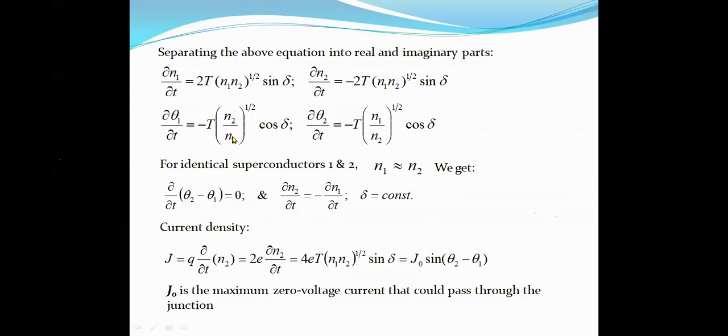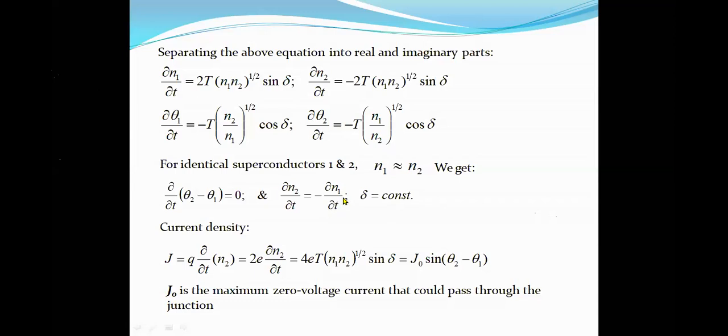And if you put n1 equal to n2, this is 1, so minus t cos delta and minus t cos delta become equal. So that's why theta 2 minus theta 1 is equal to 0. Okay, so this is constant. That's how we get it.